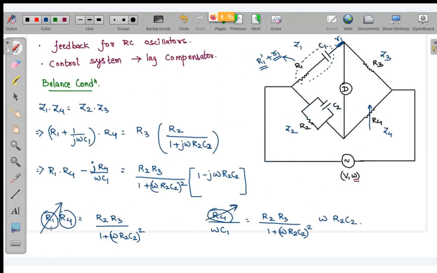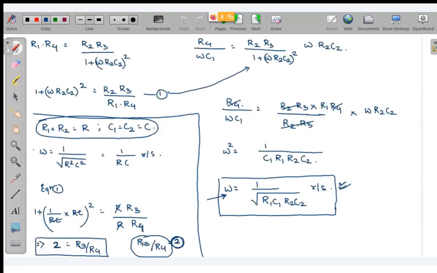If somehow I am able to balance this bridge only by manipulating R1, and my ratio of R3 by R4 is equal to 2, then automatically you can see that R1 is equal to R2, it will be same value, and C1 will be equal to C2, it will be same value. The balancing will happen for this condition. Did you understand what I am trying to say? Tell me, Nitish and Shishir, both of you.